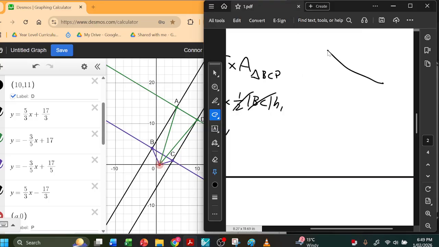I'll draw that for you over here. Let's say this is AD, and over here we have BC. So that's 4 times the distance to point P.